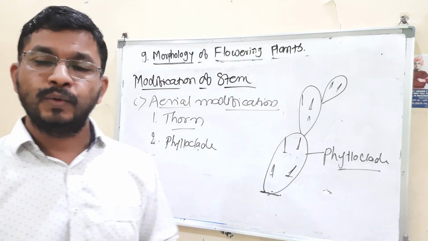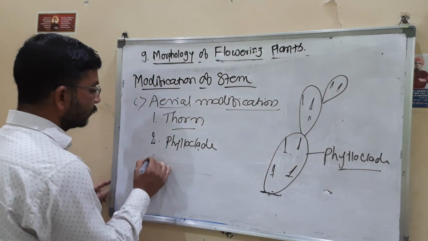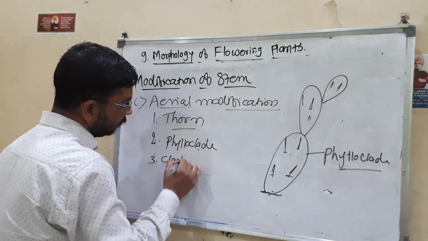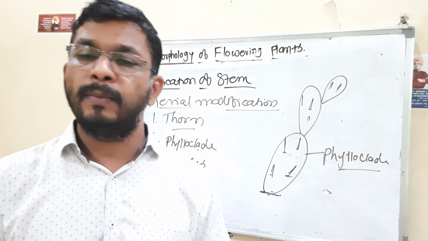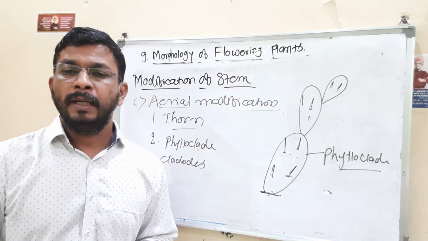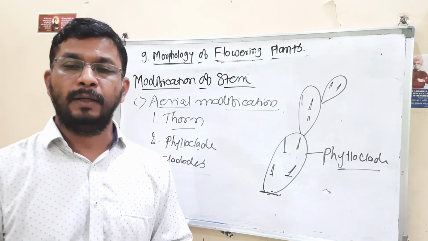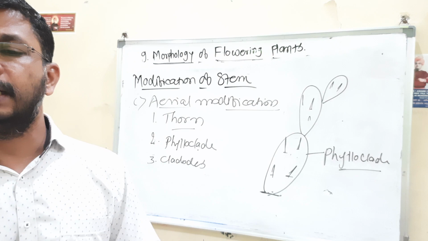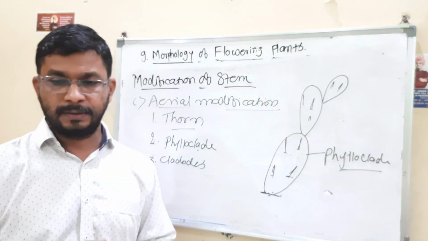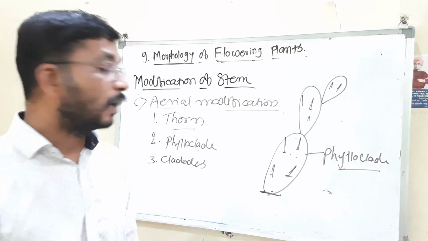Then cladodes, the branch of limited growth. Cladodes are branches of limited growth, one internode long, with permanent photosynthetic function. True leaves are reduced to spine and scale. Example, asparagus. Then the next example is chlorophyllus.